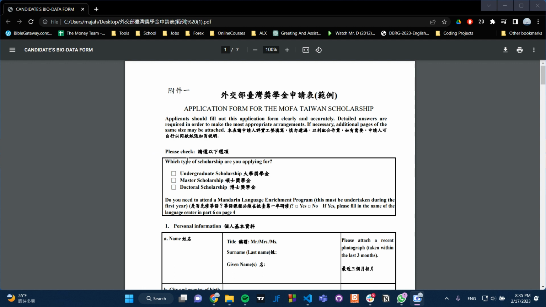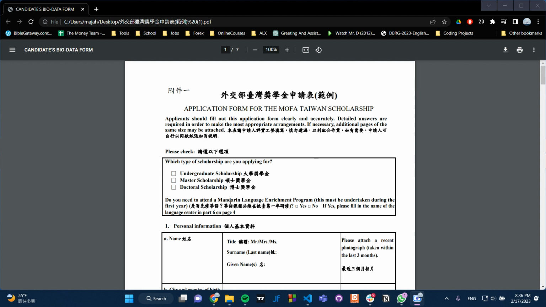So the first thing you'll come across is this part where you have to select which type of scholarship you are applying for. We have undergraduate scholarship, master scholarship, and doctoral scholarship. Undergraduate is for a bachelor's degree, and I have to mention before we go any further that with the Taiwan scholarship, you can actually apply for any course that you want to study in Taiwan.